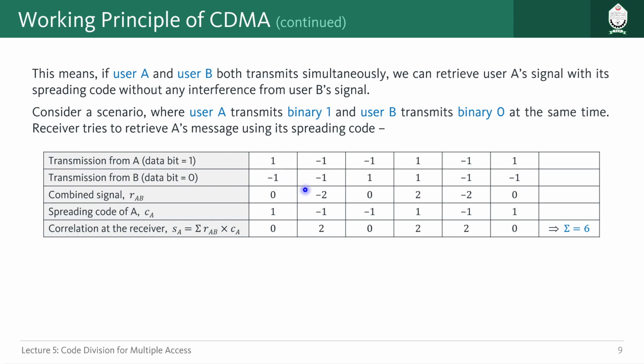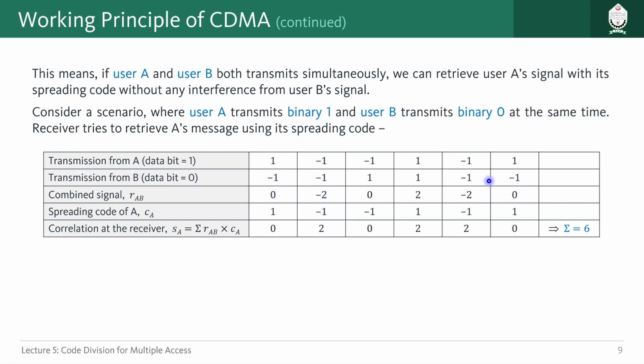So we have to add all of them up. So we are just adding here, you see, the combined signal R of AB. We are calling it the combined signal where A and B, both signals are together, that is R of AB. So this is what is happening at the channel. If I just add them, here we are getting 0, -1, -1, so -2.